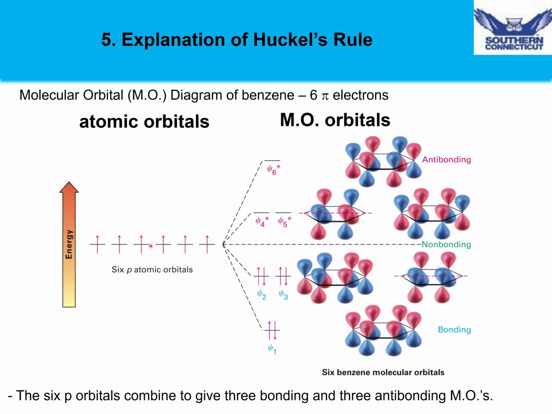If we focus solely on how the pi bonds are formed in benzene, we'll have this simplified molecular orbital diagram for benzene. Now, if we include all of the sigma bonds, the molecular orbital diagram becomes way more complicated than we can cover at this level.